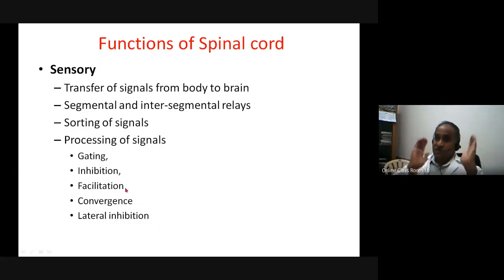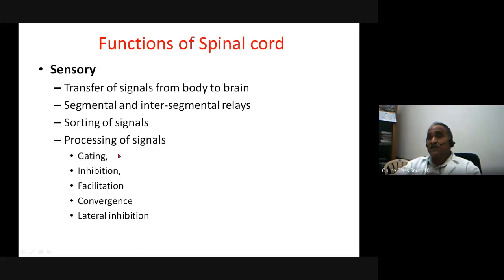That means the focusing of the impulses through lateral inhibition and even facilitation. Then convergence of the impulses. A good example is the visceral sensation and the somatic sensation, how they converge on each other, and then they reach the brain areas. And the lateral inhibition.